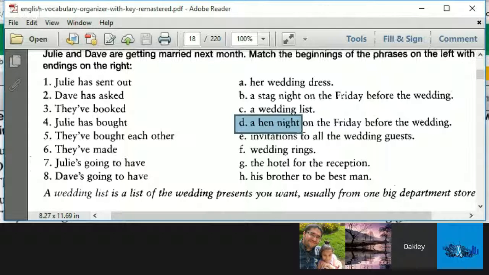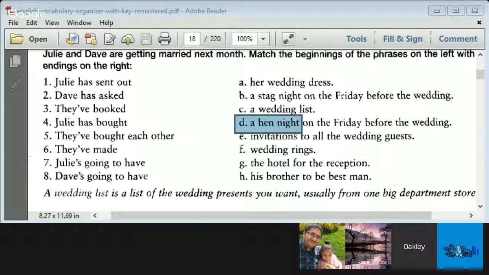We do have that. The concept is the same, but we don't use it specifically for this party. Americans would call it a bachelorette party. And the male version would probably just be called a bachelor party.